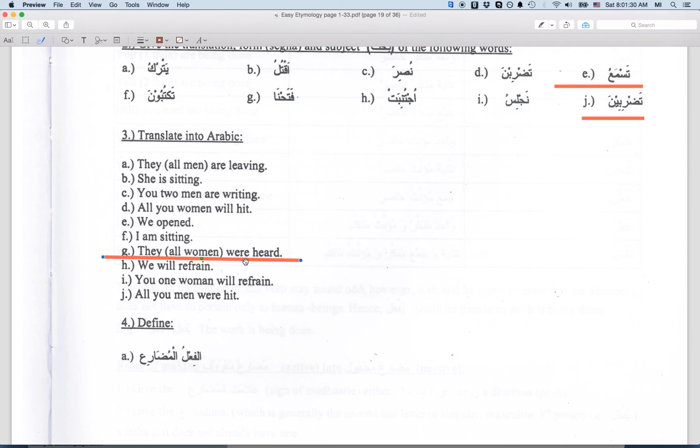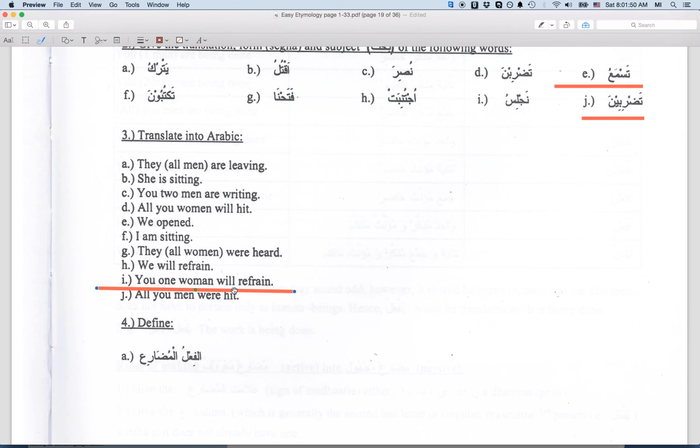So this is past tense. سمع became سمع. So سمع سمع سمعوا سمعت سمعتا سمعنا. So it's from that. سمعنا. We will refrain. اجتنب يجتنب. It becomes نجتنب. So it's نجتنب. We will refrain.